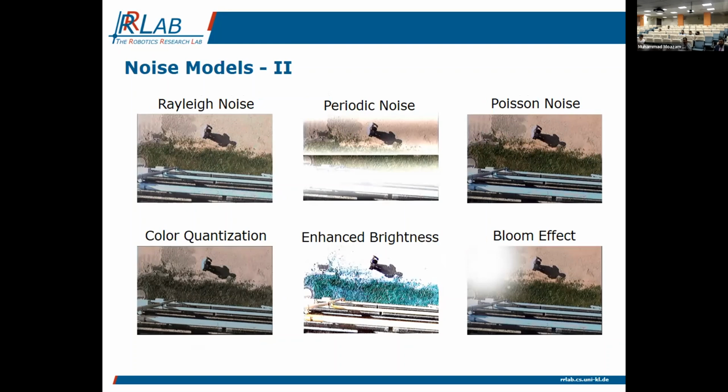We also consider those as noise sources. You can imagine those, for example, if you use your agricultural machine and suddenly you look into the sun. This introduces these bloom effects, which is a very important phenomenon that happens.